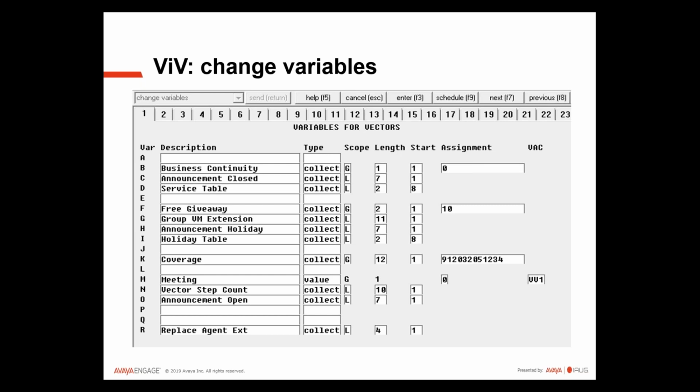In here we can also do announcement close, which we had as a VDN, service table, free giveaway we'll cover off later on, announcement for the holiday, and you can see where I've, like I said, used the letters to my advantage. Business continuity, and C is announcement close. I know by looking at it what those letters mean.